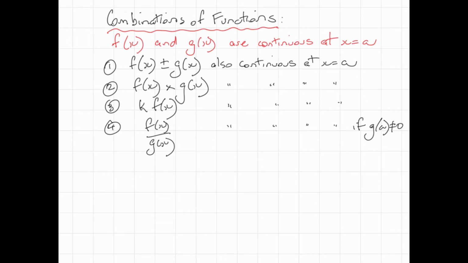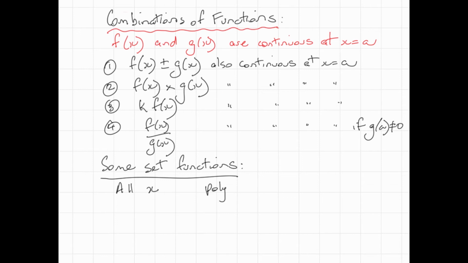Some you should know are continuous for all x: polynomials. Now, a polynomial is like 3x to the fourth plus 22x squared minus 1.